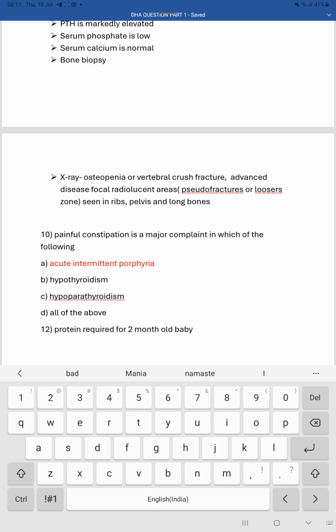The most frequent symptoms of acute intermittent porphyria are painful constipation and tachycardia. So here the answer is acute intermittent porphyria for the painful constipation.